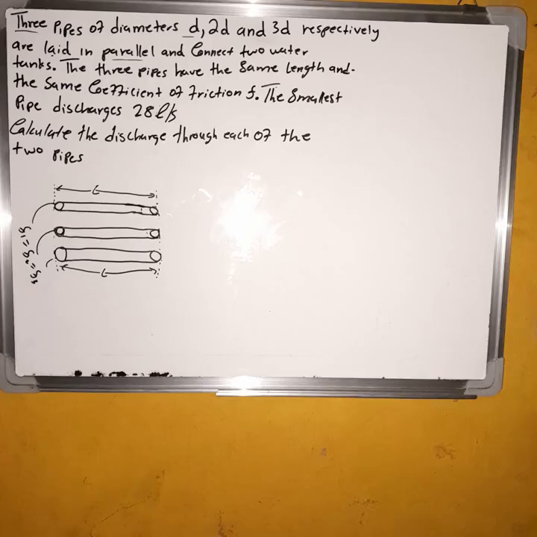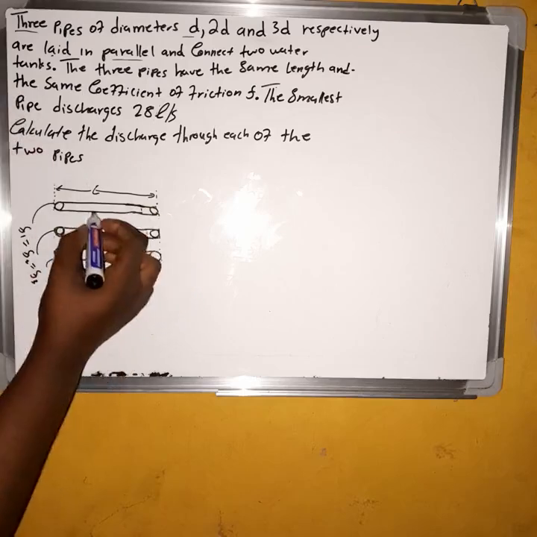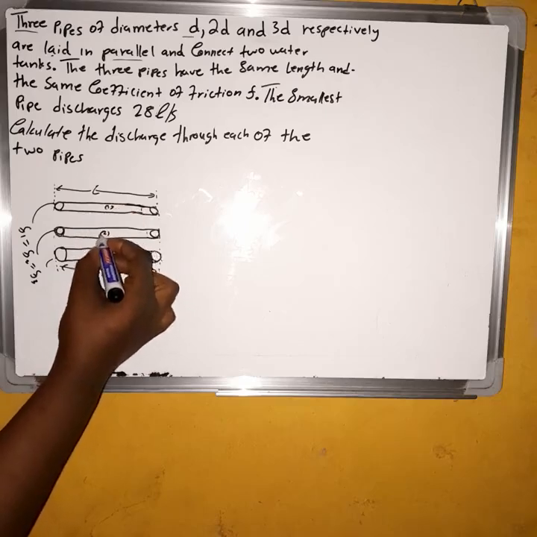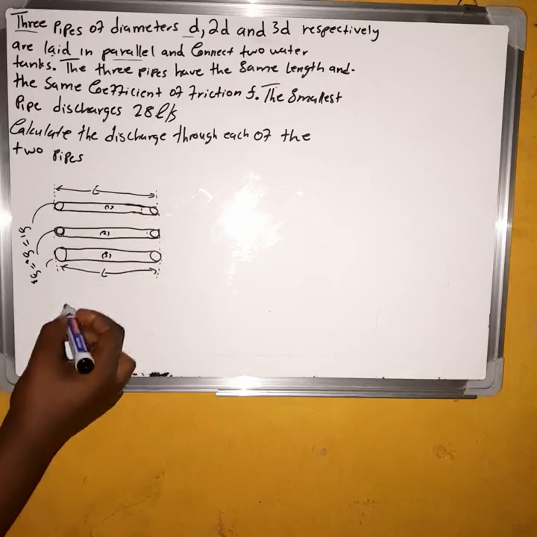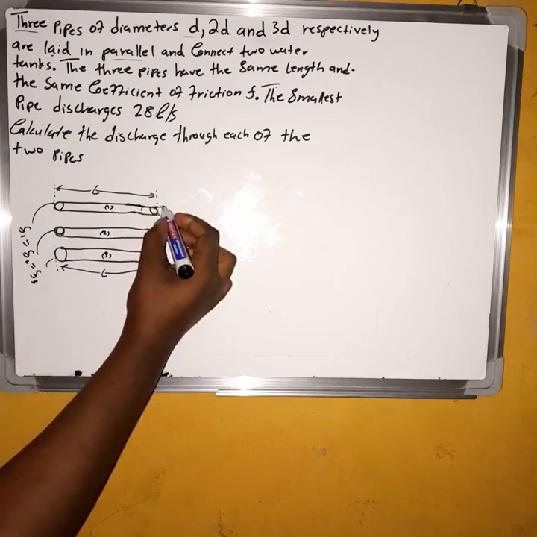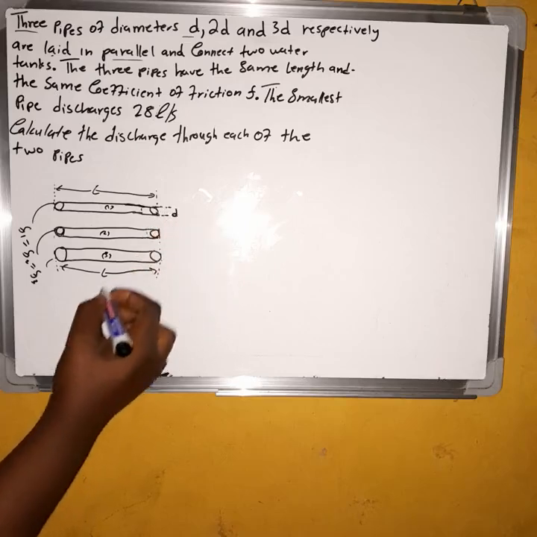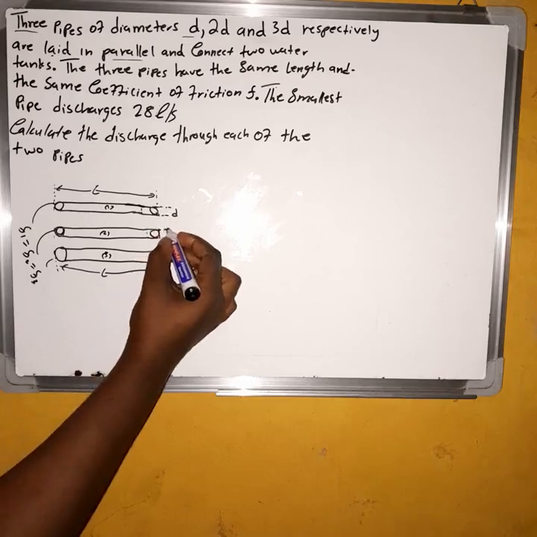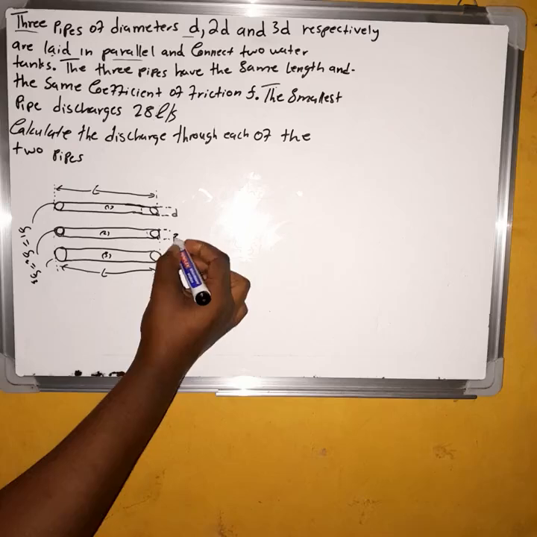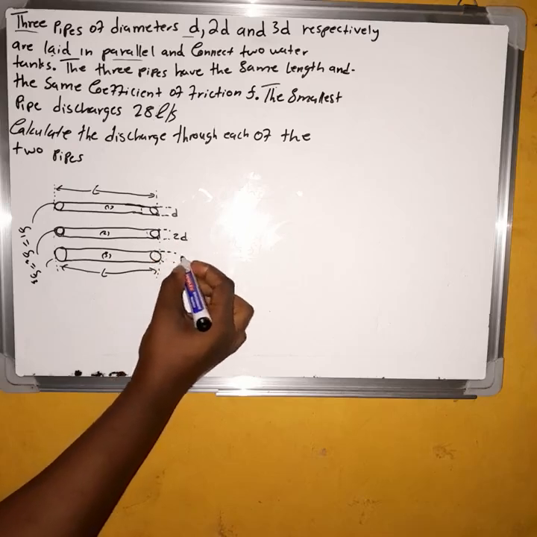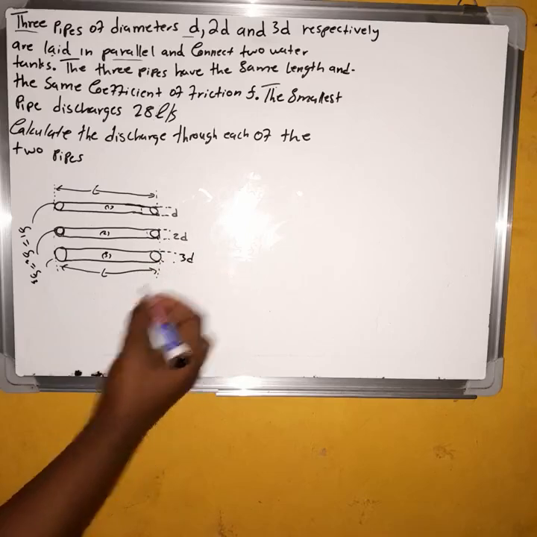Then the smallest pipe discharge. They give us Q of the smallest pipe. Remember this one is pipe 1, pipe 2, pipe 3. The diameter here is D, the diameter here is 2D, and the diameter of this last one will be 3D.